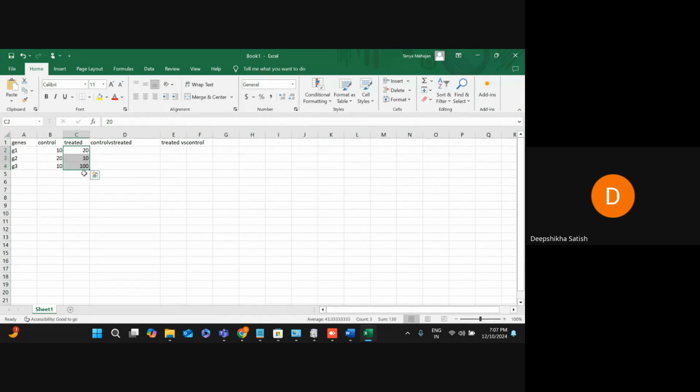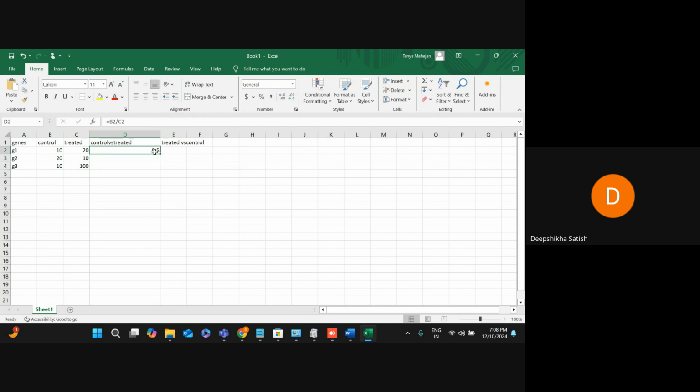These are my read counts. Now, there are two plans, control versus treated and treated versus control. So if our plan is control versus treated, how do we check the gene expression? You just have to type equal to, then control divided by treated. Then enter.